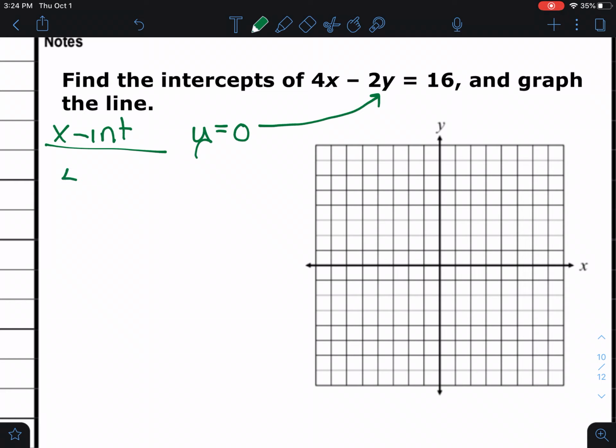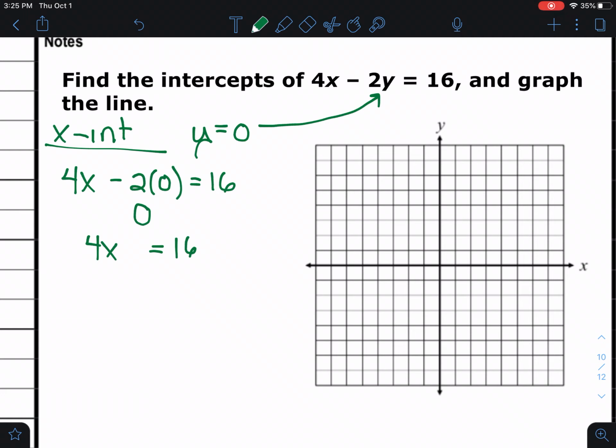So we would get 4x, and then when I plug in a 0 here, I would have this, right? Now a lot of people call this the cover-up method because this right here ends up being 0. So that's going to disappear, and we're just going to have 4x equals 16.